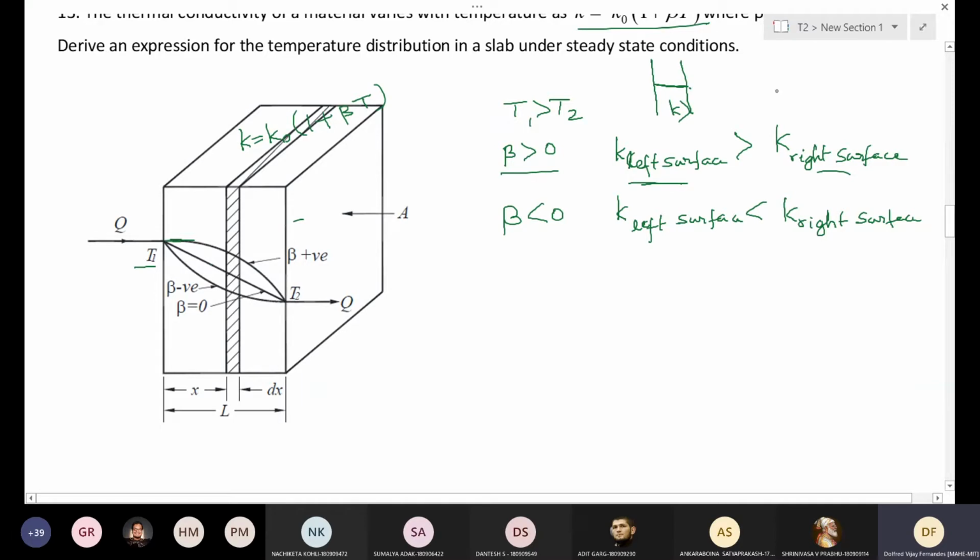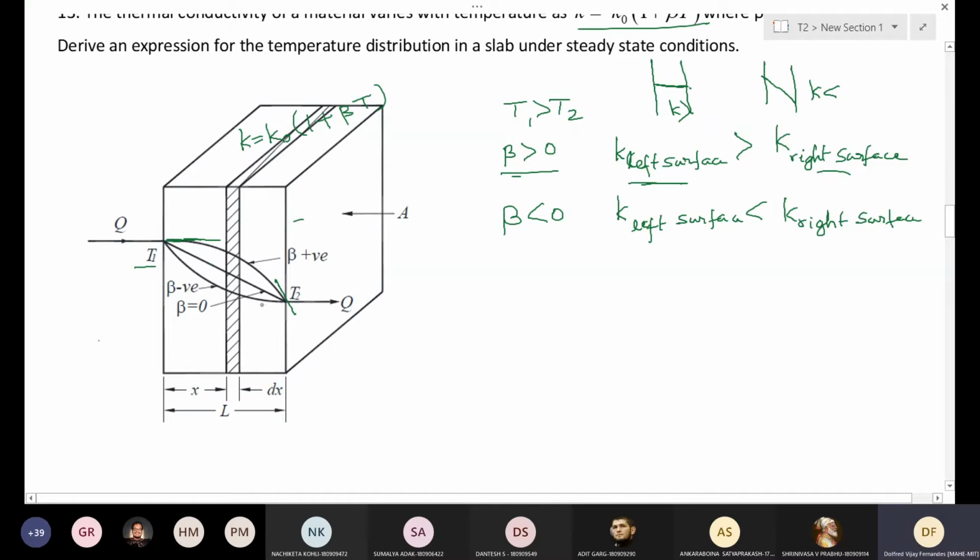But if there is a large temperature drop across the wall, that means it has low thermal conductivity. So the slope is less here compared to the right side, where the slope is more. This is for beta greater than 0, we will get this nature of the curve: nonlinear variation of temperature within the wall.